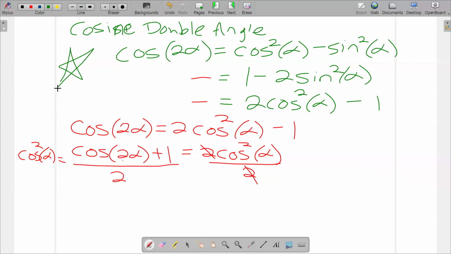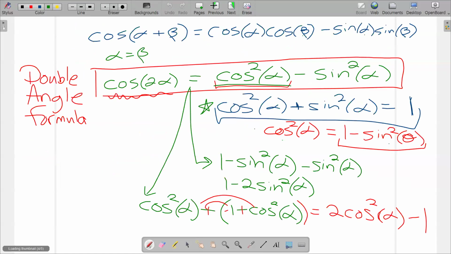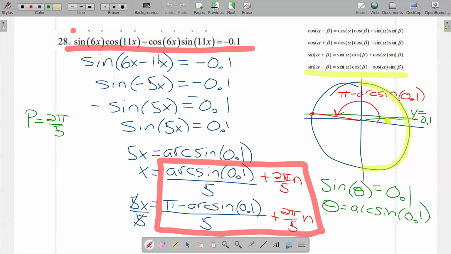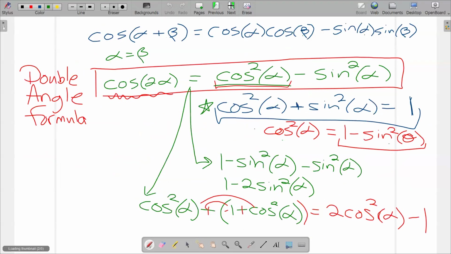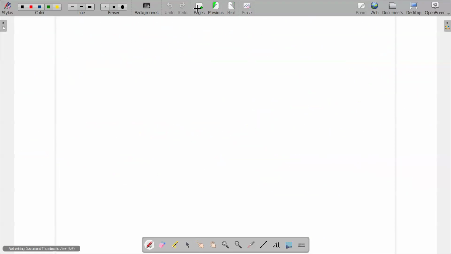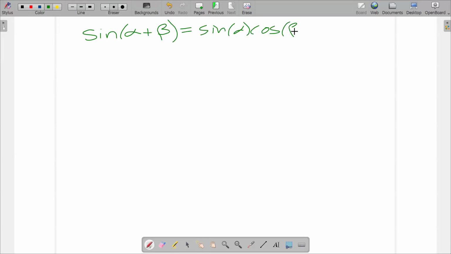All right, so one more identity, and then we'll just play around with them. The sine double angle. So if we look at this formula here for the sine of an angle sum, sine, cosine, cosine, sine, we're going to tweak that one next. So sine of alpha plus beta is the sine of alpha cosine of beta plus the cosine of alpha sine of beta.